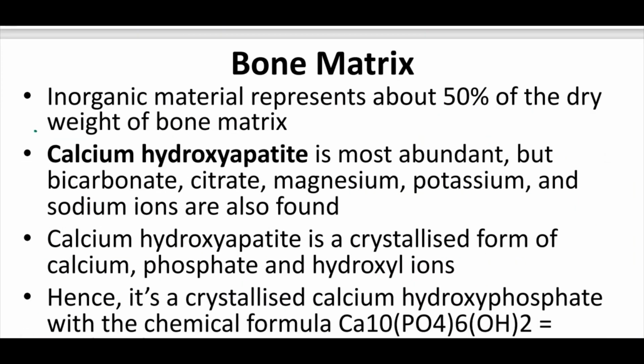Now, let's look at the inorganic components of the bone. The inorganic material represents about 50% of the dry weight of the bone. The most abundant component of the inorganic part of the bone is calcium hydroxyapatite. Okay, it's the most abundant, but it also contains bicarbonate, citrate, magnesium, potassium, and sodium ions.